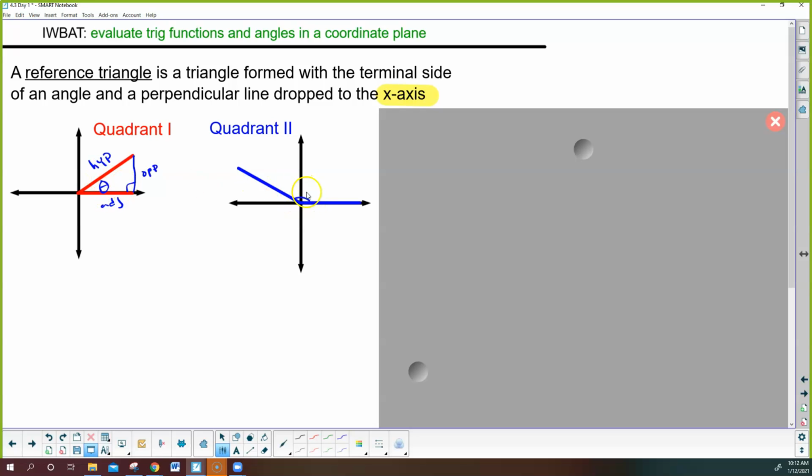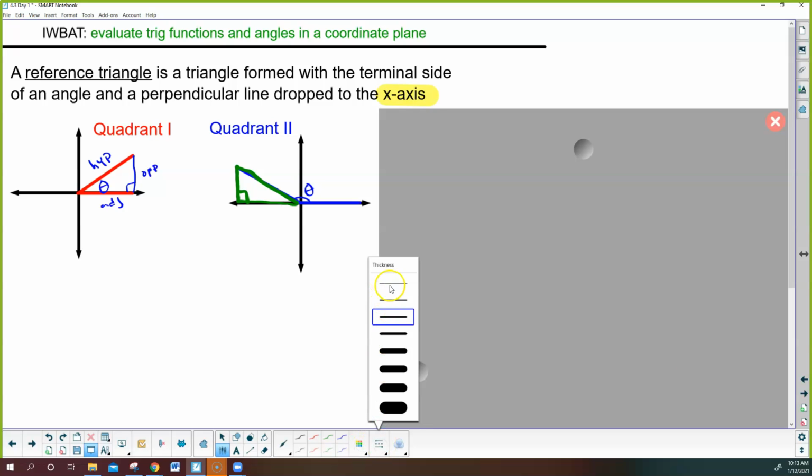But in this case, the original angle is, let's say it's a positive 150 degrees. So I'd open up 150 degrees, but I need to draw that triangle in. So the triangle that's going to be drawn in is from the x-axis to the terminal side. And notice, this triangle right here is the reference triangle.